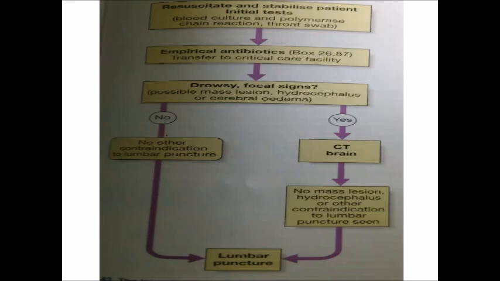If he doesn't have those, and there is no other contraindication to lumbar puncture, like having low platelets or being liable to have hemorrhage, or having significant infection over the lumbosacral area, a significant lesion there so that you cannot do lumbar puncture, then you do lumbar puncture. If you have focal neurological signs, you do CT or MRI, and if there is no mass lesion or hydrocephalus or significant brain edema, then you do LP, of course.